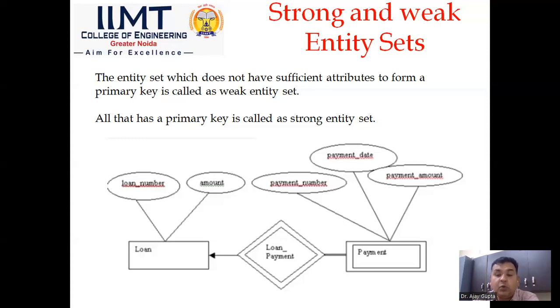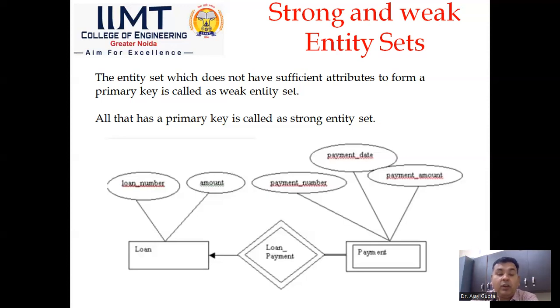It is 240 EMI, means 12 into 20, as in a year there are 12 months. So 240 EMI for home loan, and 5 into 12 is 60. 60 payback payments are for car loan.